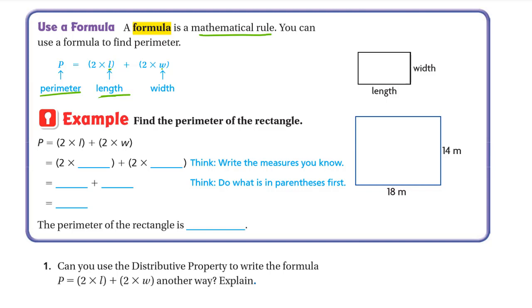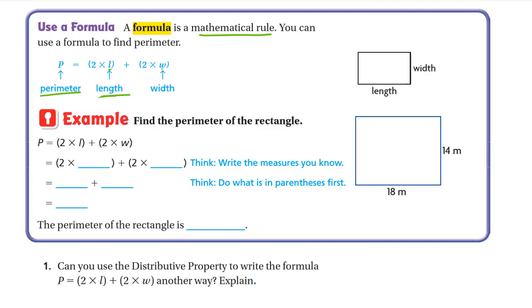So we have here 2 times W, which is width. So P, perimeter, equals 2 times length plus 2 times width. Instead of length and width, we wrote L and W, and instead of perimeter, we wrote P. So let's see how we will use this formula to solve this example.